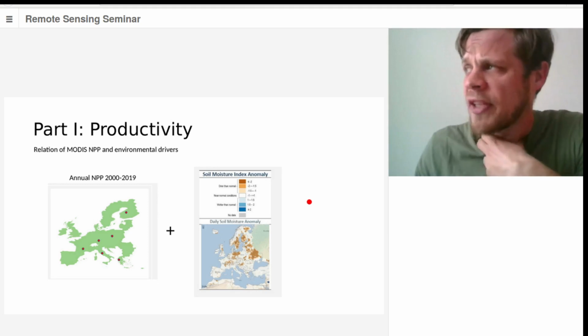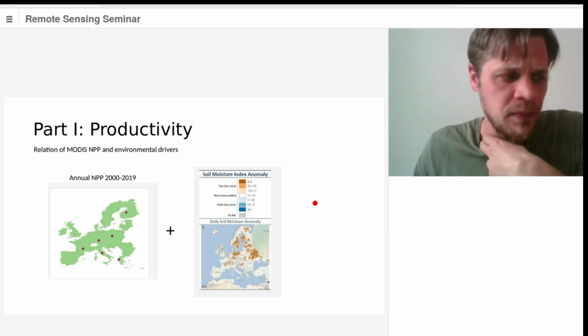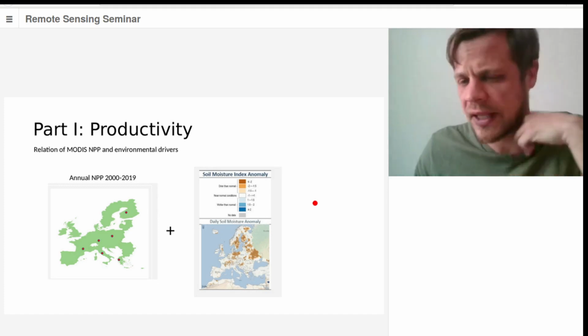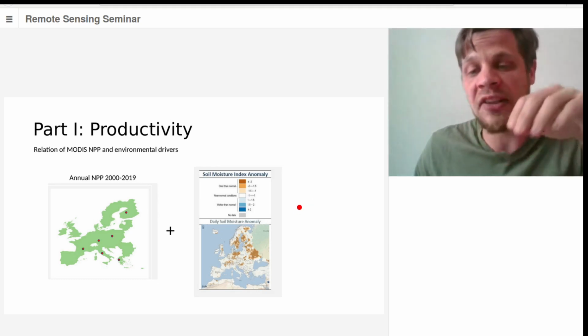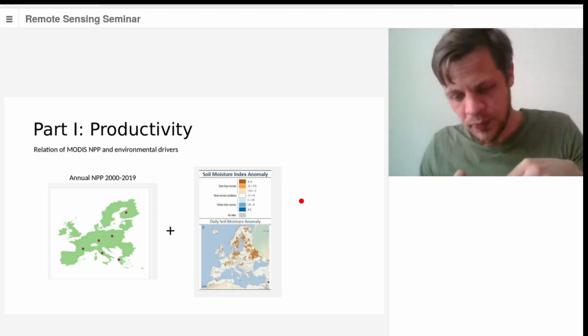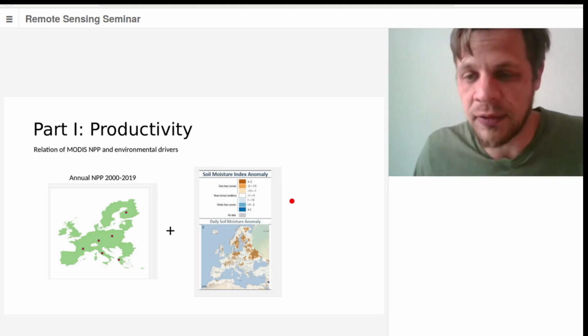also from a remotely sensed resource, similar to, for instance, the standardized precipitation index or standardized precipitation evapotranspiration index. So it relates deviations to a long-term mean, okay, and therefore it's expressed in standard deviations.